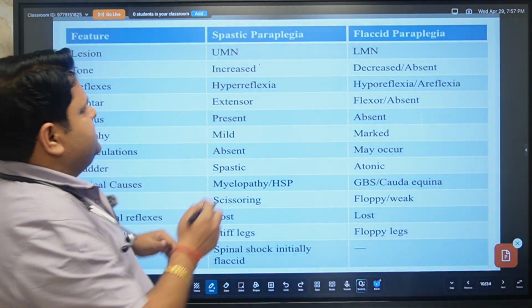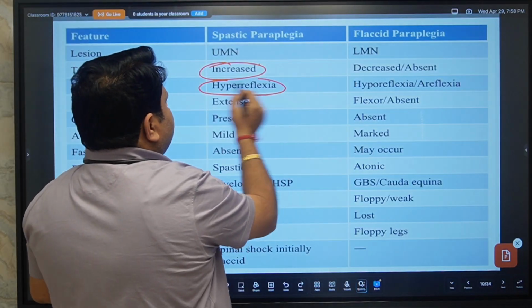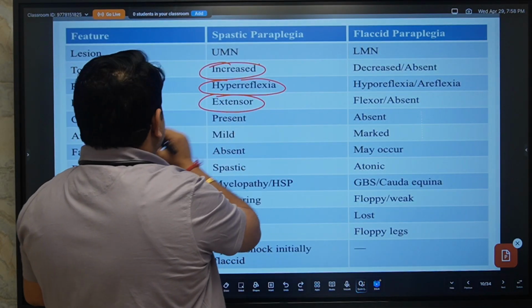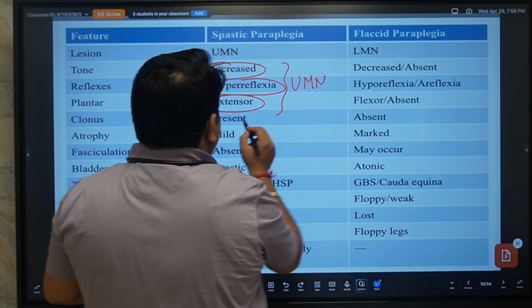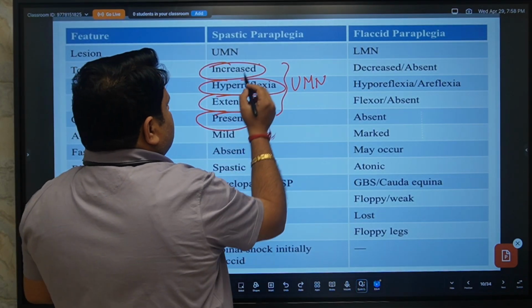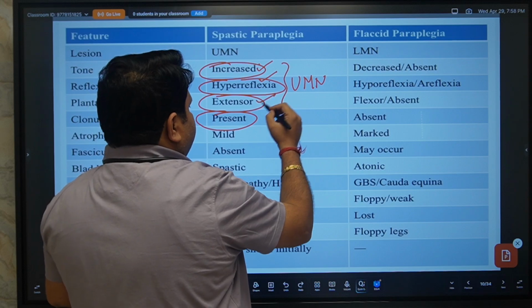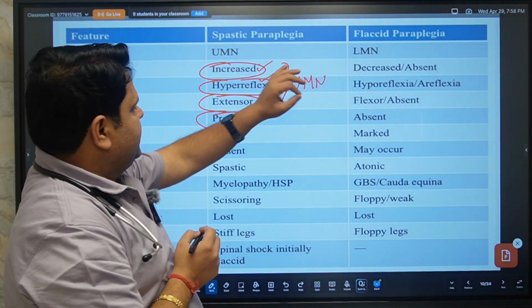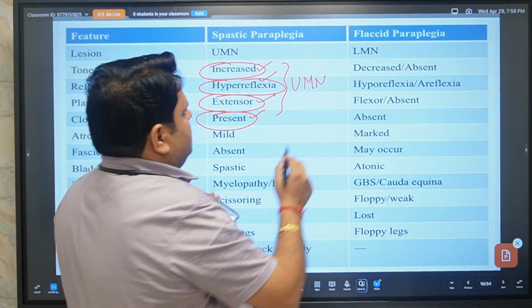So UMN sign is there. We get increased tone, hyperreflexia, extensor plantar. These all are UMN signs. And clonus is there. So increased tone, hyperreflexia, plantar extensor and clonus are the signs of the UMN type of lesion, which is in spastic paraplegia.